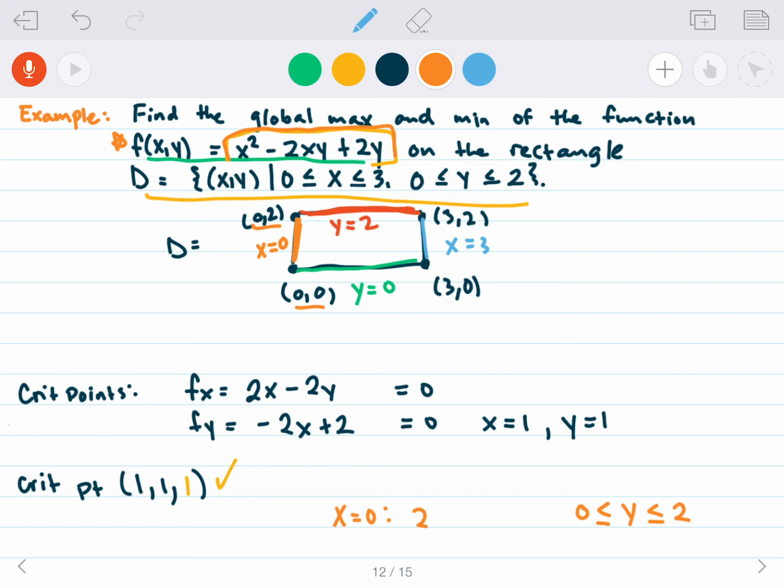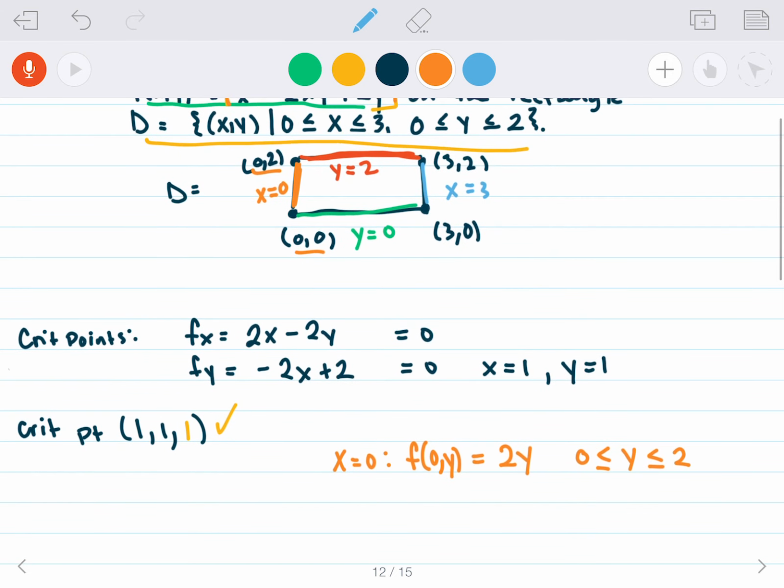So maybe I should write it like this, f of (0, y) equals 2y. And the question is, what is the maximum and the minimum value on this interval here?